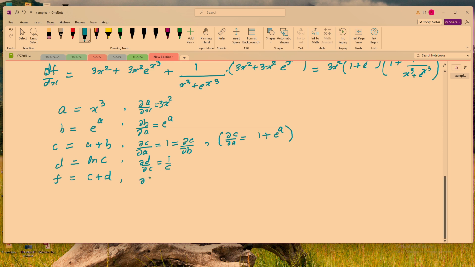And then df over dc is 1, which is equal to df over dD, or again if you consider d to be a function of c, then it will be c plus ln c, right? And then when you differentiate, df over dc will be 1 plus 1 over c.